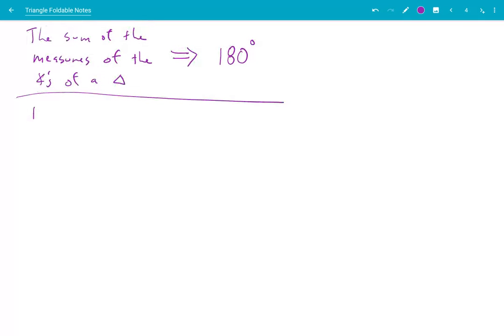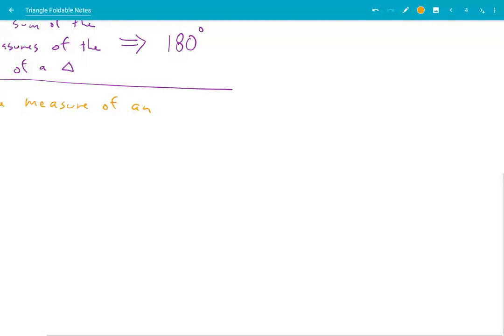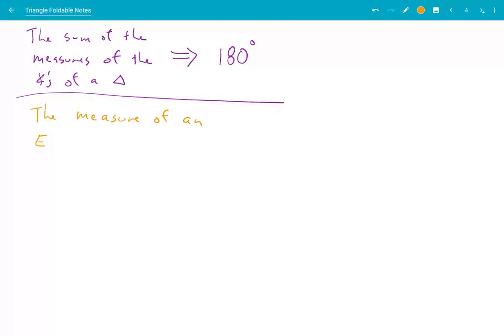Next, let's write this down. The measure, in orange, of an exterior angle of a triangle implies the sum of the measures of the two remote angles.